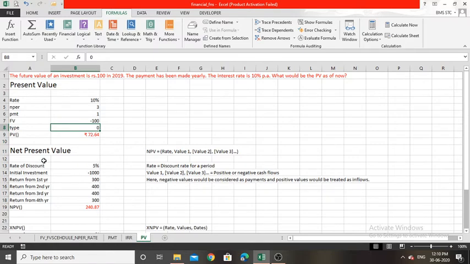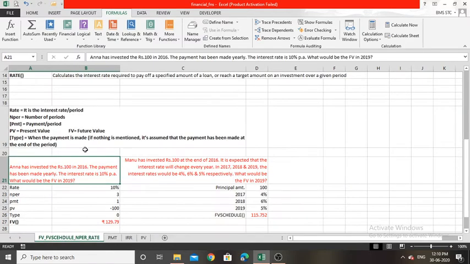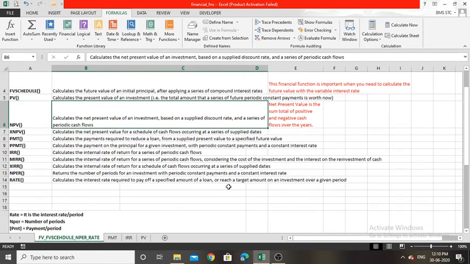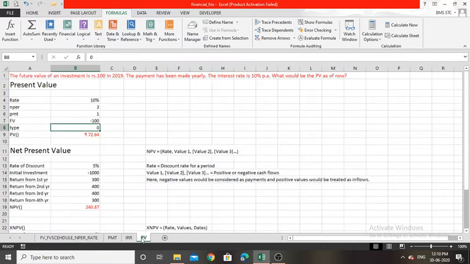So what is net present value? Net present value is an extension of present value which calculates the net present value of an investment based on a supplied discount rate and a series of periodic cash flows. So year by year, what will be the amount that is going out as cash?